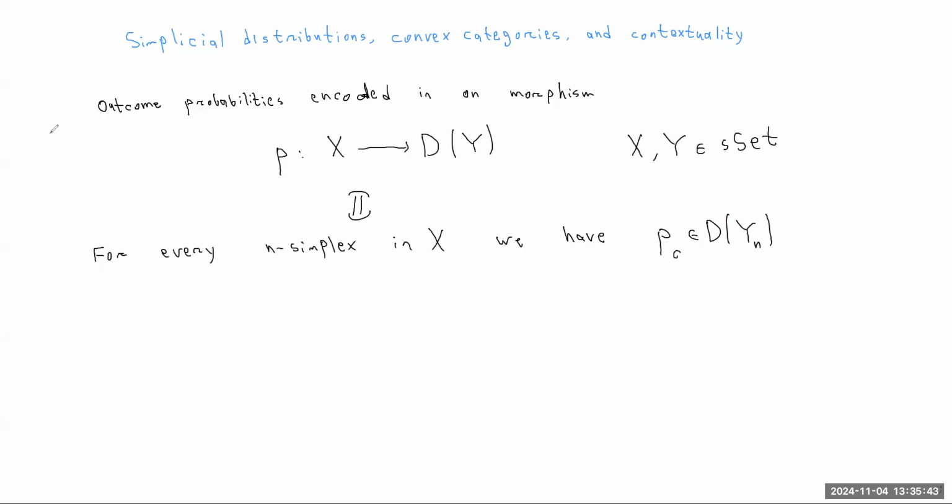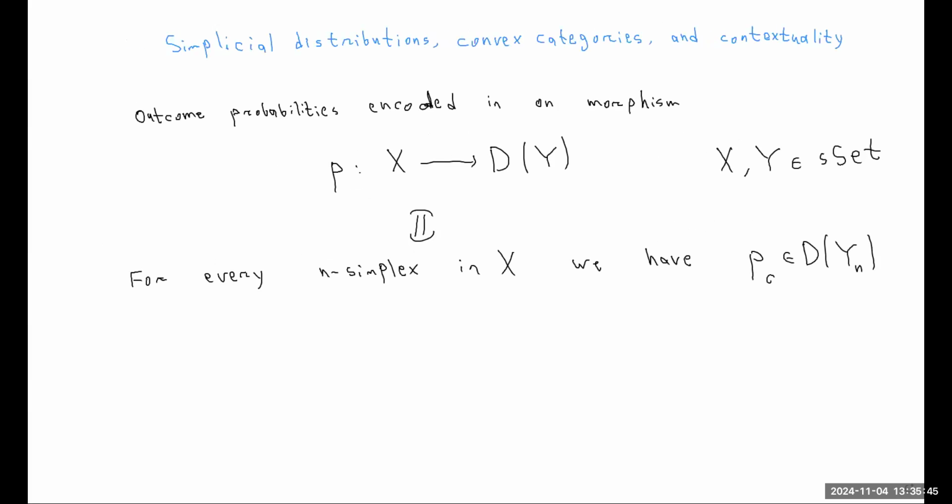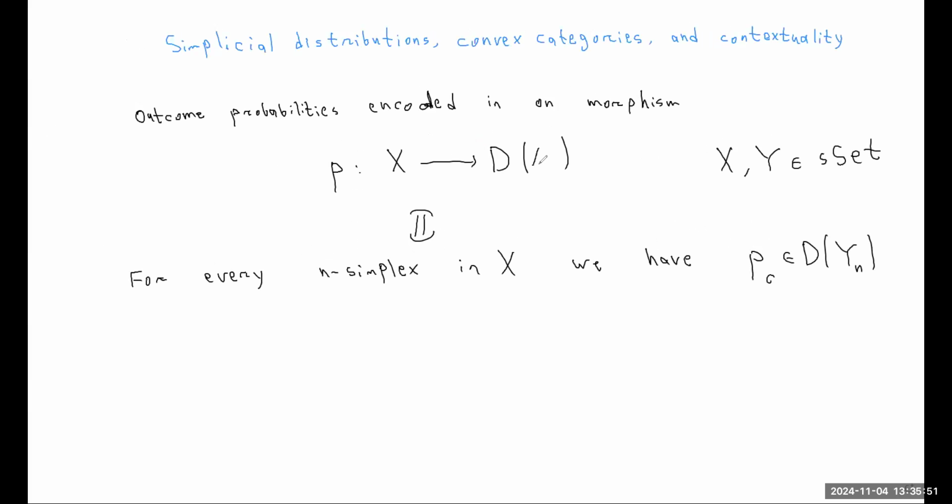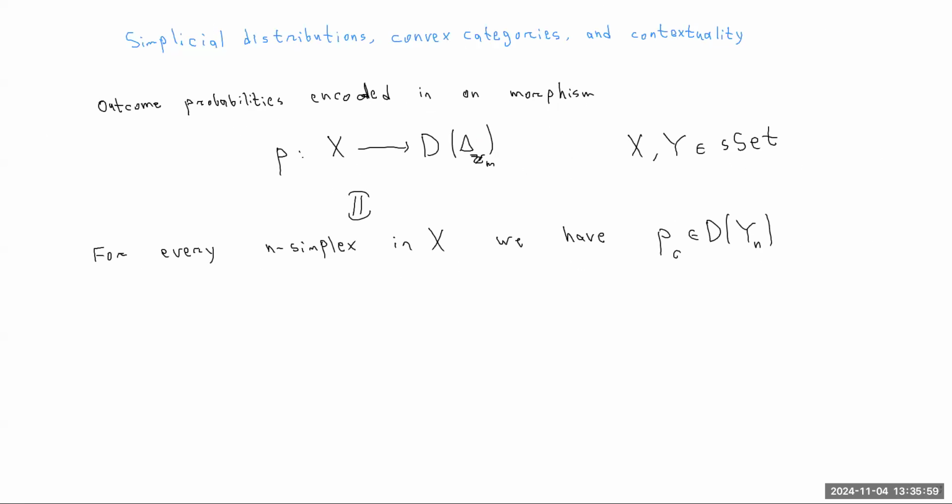Let's focus ourselves, as Gian did last time, on when Y is delta Zm. You remember what it means, delta Zm? Let me write on the side: delta Zm is this simplicial set where in degree 0 we have Zm, then Zm cross Zm, then Zm cross Zm cross Zm, and so on.